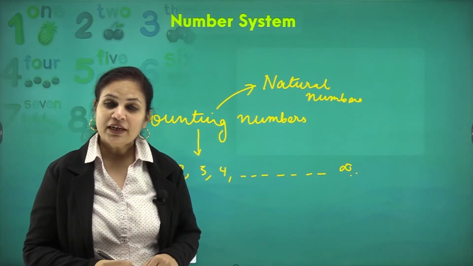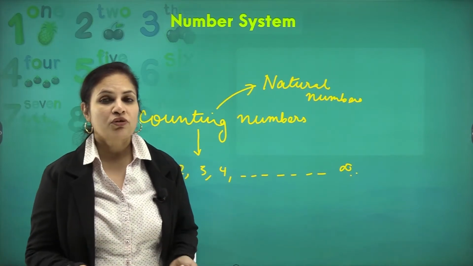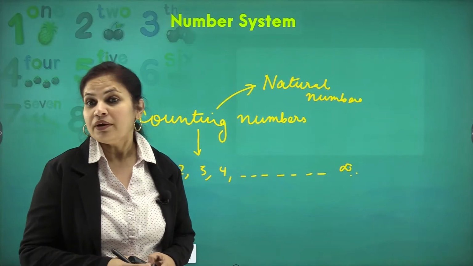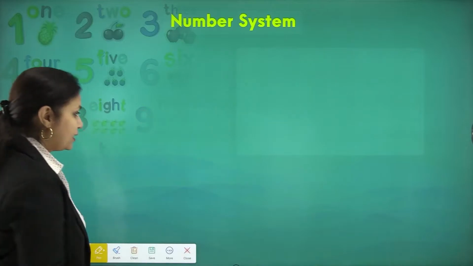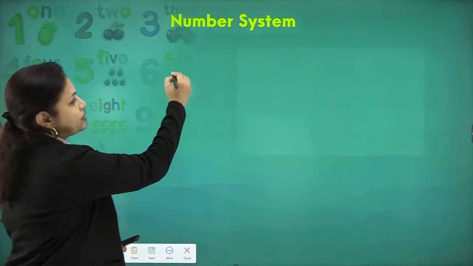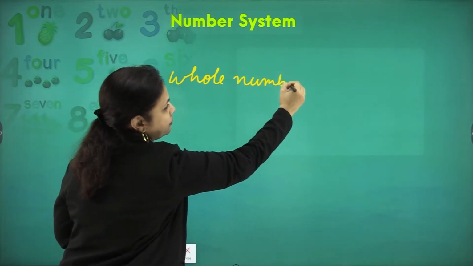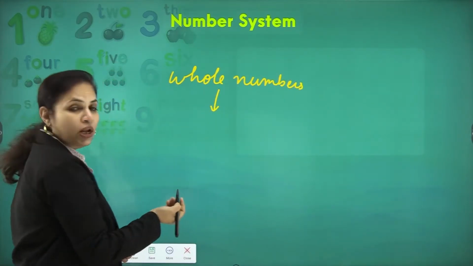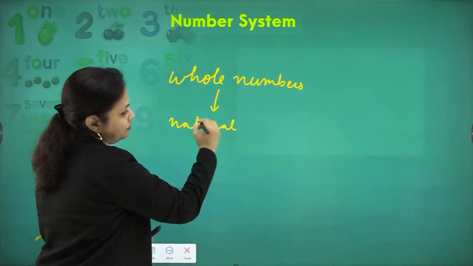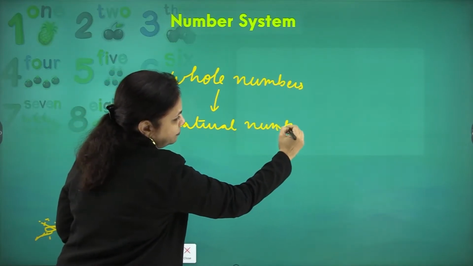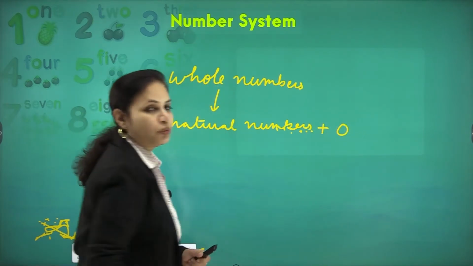Then gradually we discovered that our bag can be empty. A bag full of chocolates, if I empty it, then no chocolate is left. Then how do we term that empty thing? Then came the concept of whole numbers, which along with the natural numbers has an element 0 with it.